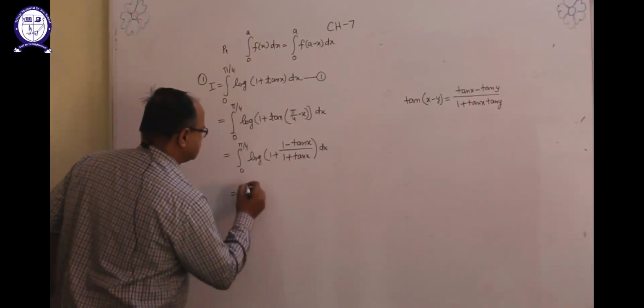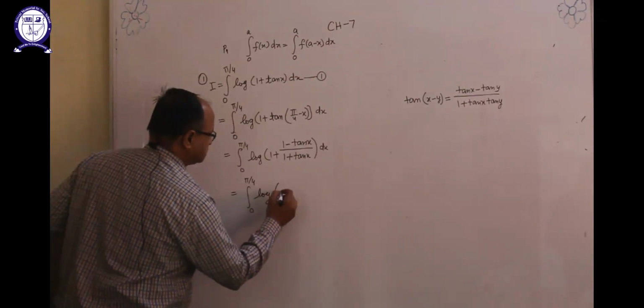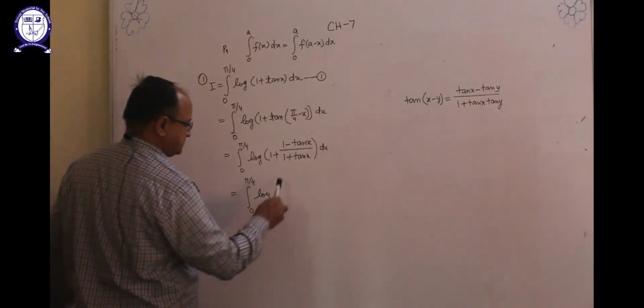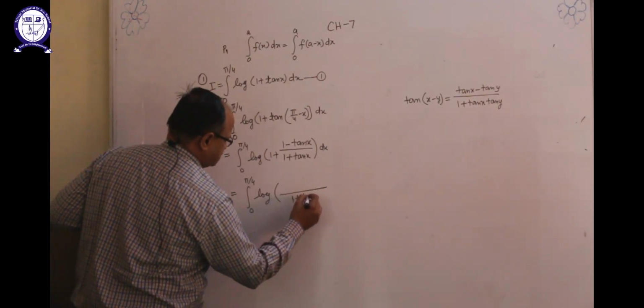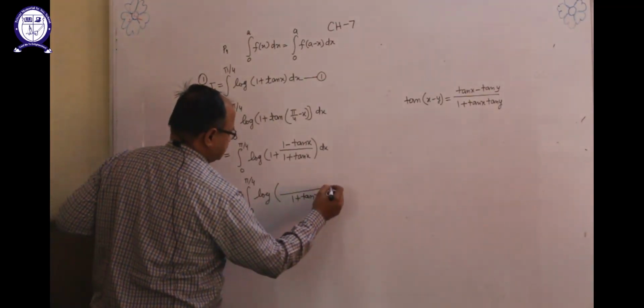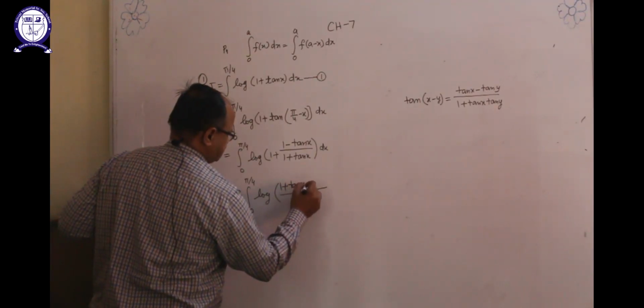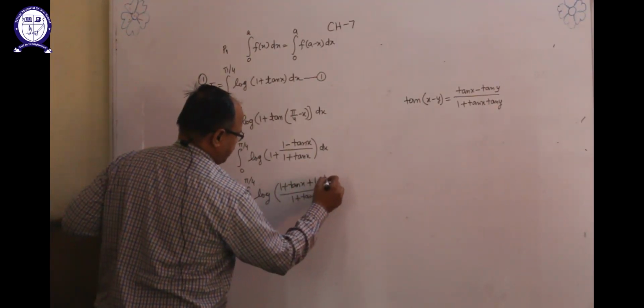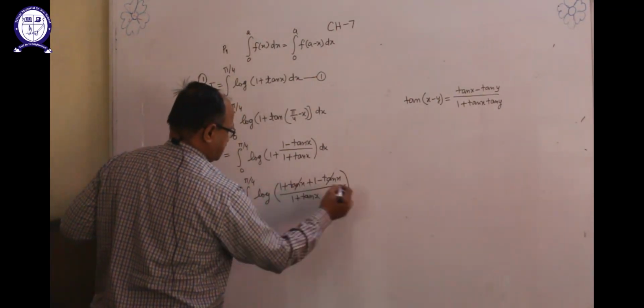Integration 0 to pi by 4 of log. Now you can take the LCM, 1 plus tan x, and 1 plus tan x plus 1 minus tan x; tan x cancels.